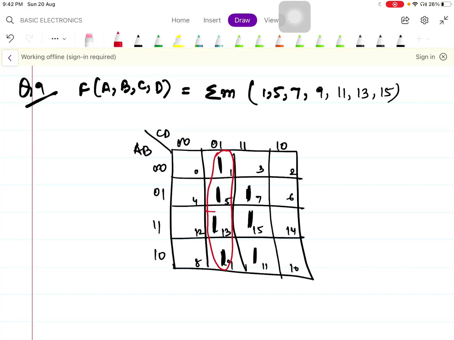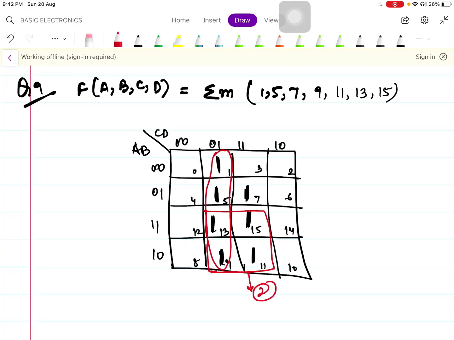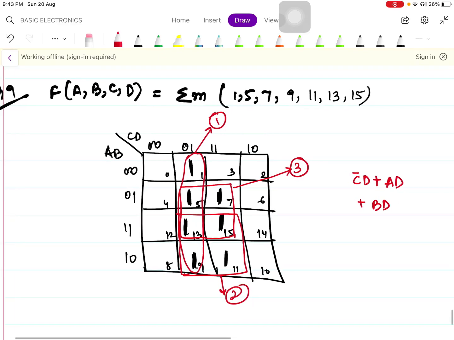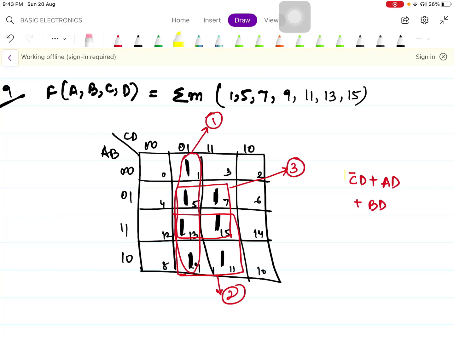So for the benefit of cell number 15 and 11, I will again make a group of 4 by using the cell numbers 13 and 9. So this is the second group. This is the first group. Now for cell number 7, I will again make a group of 4 for its benefit. So this is group number 3. So these are the answers for this K-map. This is the answer for this particular question.